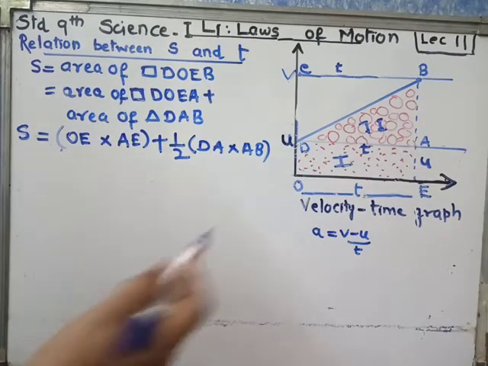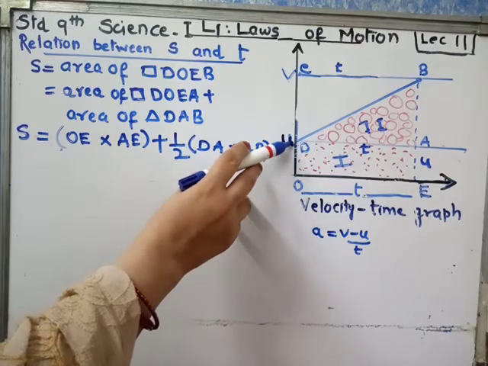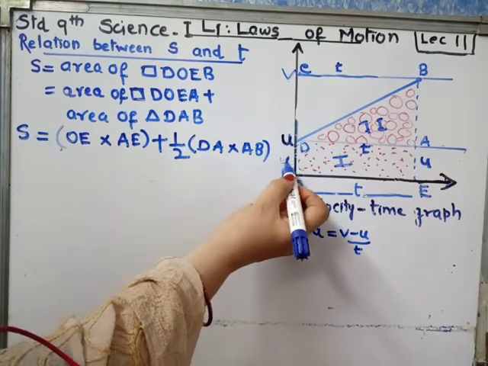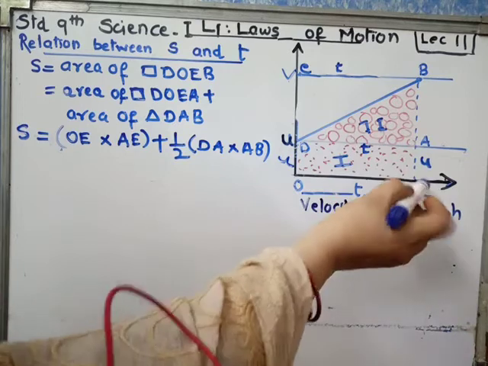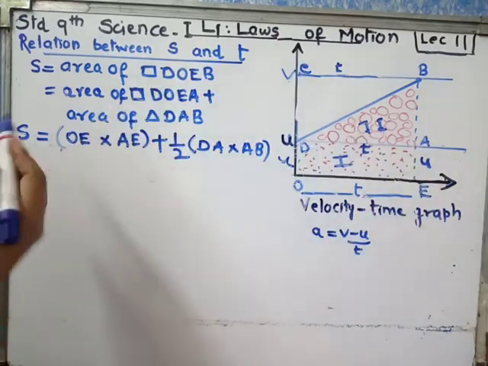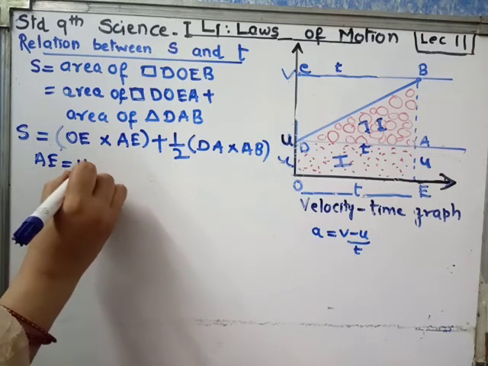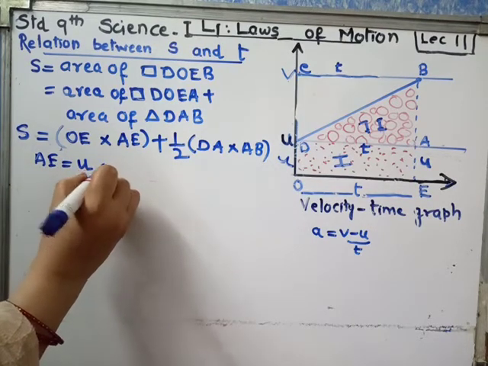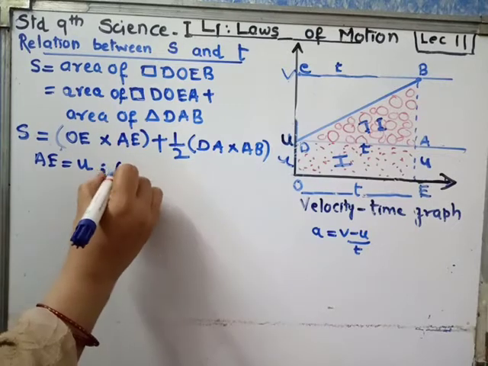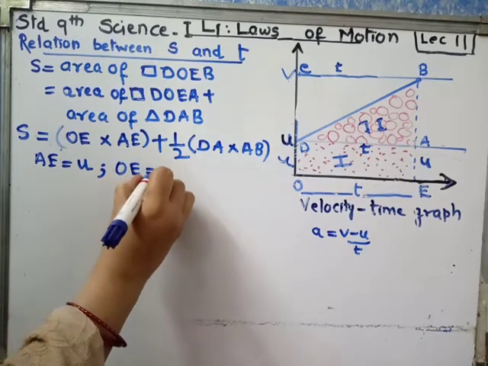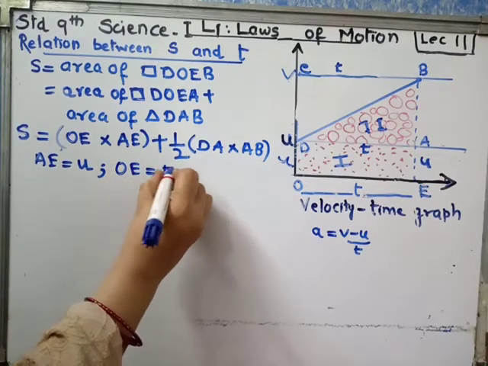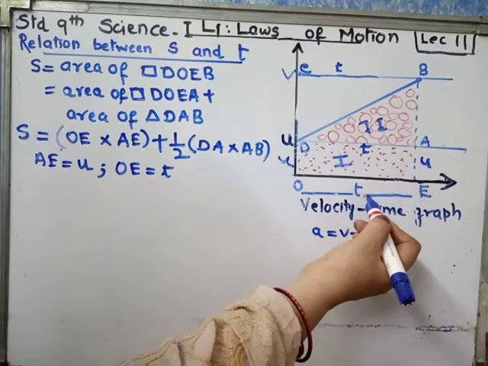Look at the diagram. This OD is U. It is a rectangle, therefore AE is also equal to U. OE is equal to small t.